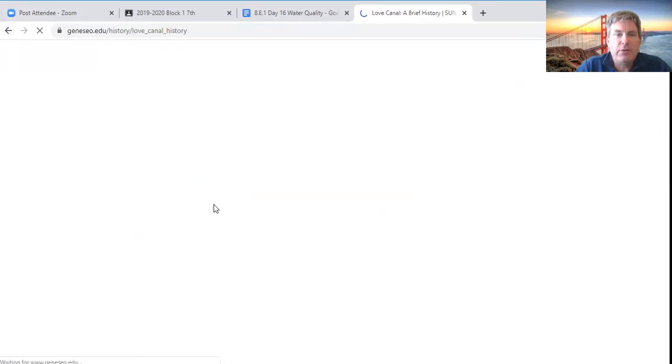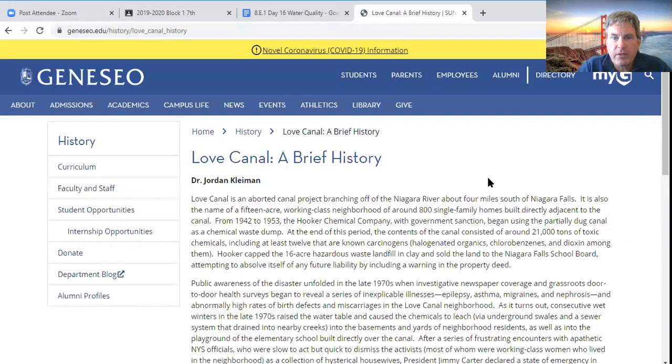So Love Canal was an aborted canal project branching off the Niagara River about 4 miles south of Niagara Falls. It's also the name of a 15-acre working class neighborhood of around 800 homes directly adjacent to the canal. From 1942 to 1953, the Hooker Chemical Company, which was a huge company back in those days, with government sanction, used the partially dug canal as a chemical waste dump.